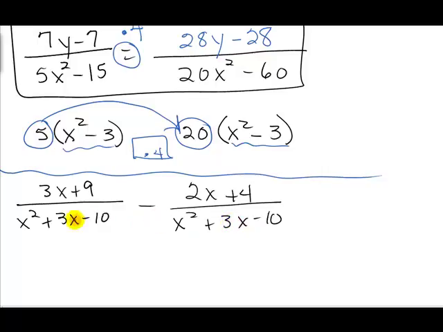Alright, so notice that the denominator is already the same. So we're ready to go ahead and subtract. But what you have to remember is this negative goes with this 2x and with this 4.